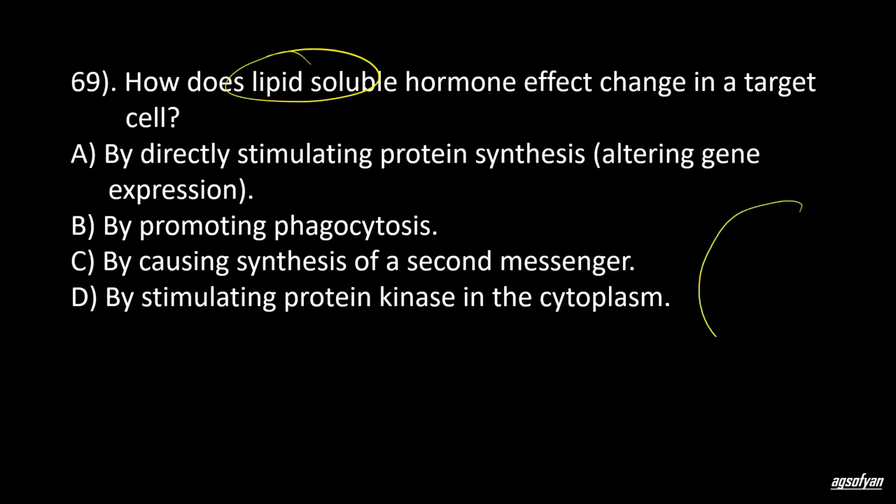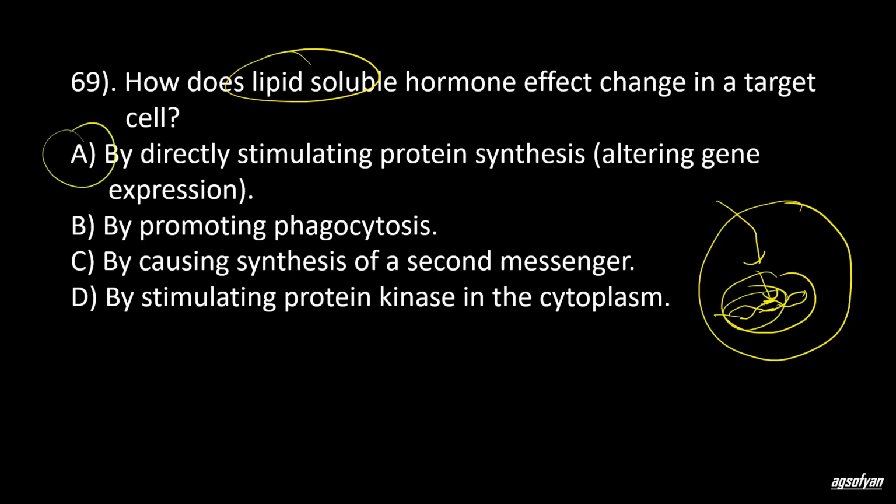Remember, a lipid-soluble hormone will enter into the nucleus, and the receptor for this hormone will be in the gene, in the DNA. So the effect will be altering the gene. It will be A, altering the gene expression.